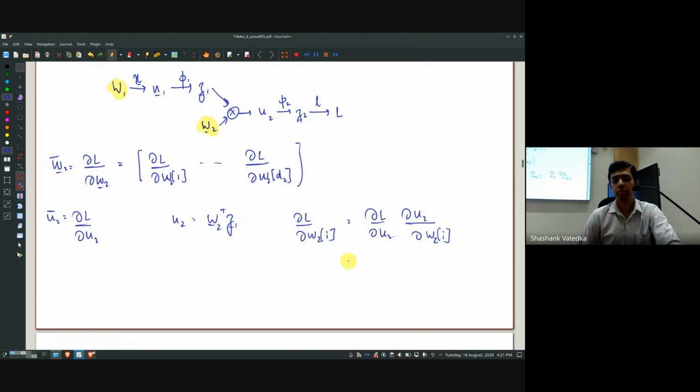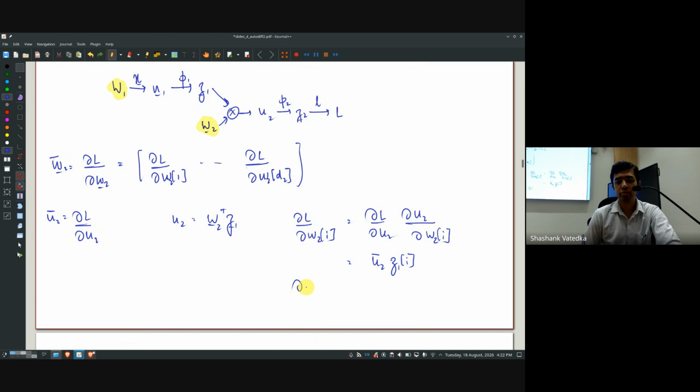Right? Which is just U2 bar, which I've computed in the previous step, times the partial derivative of U2 with respect to W2 of I. But the partial derivative of U2 with respect to W2 of I is simply Z1 of I. Right?